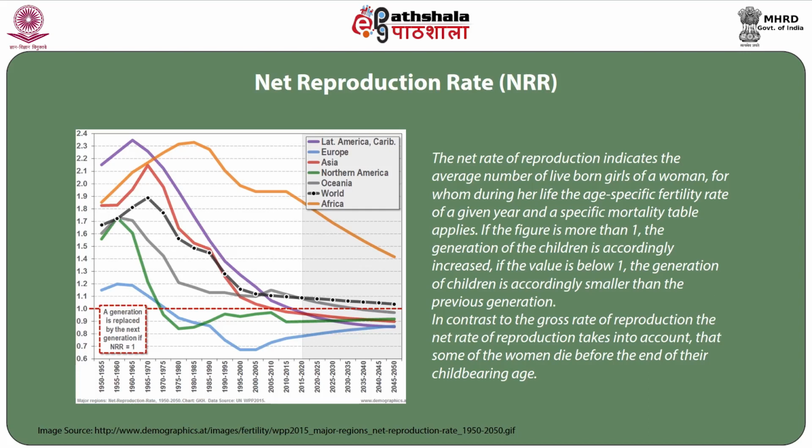If the value is below 1, the generation of children is accordingly smaller than the previous generation. In contrast to the gross rate of reproduction, the net rate of reproduction takes into account that some of the women die before the end of their childbearing age.